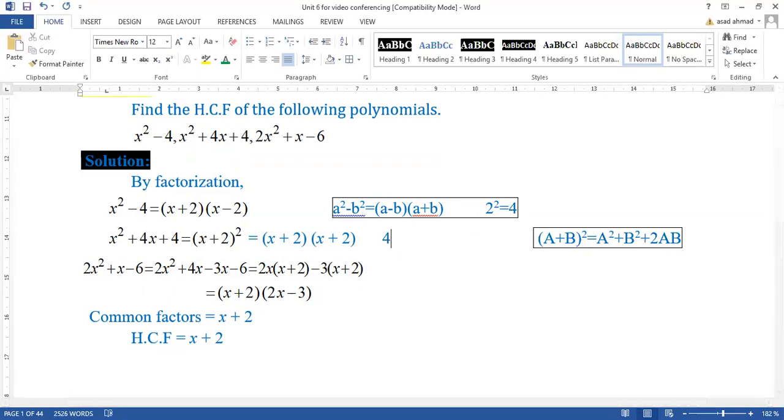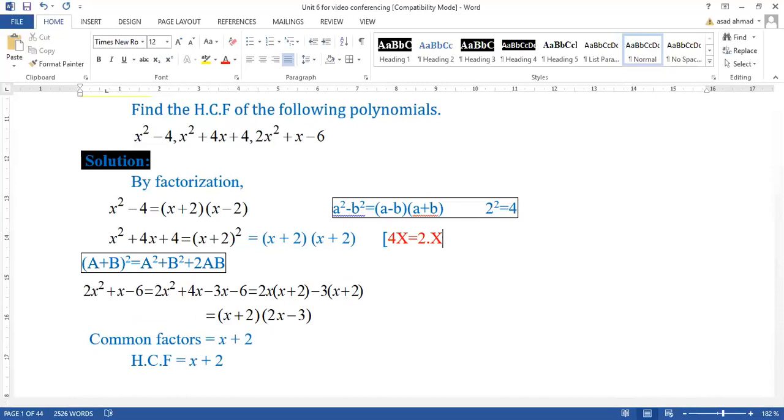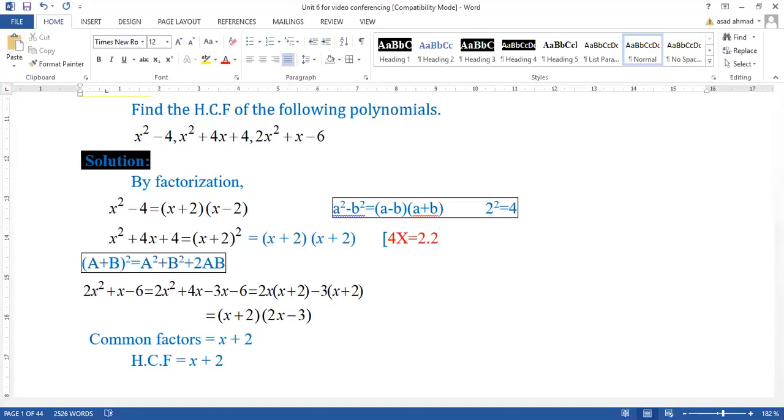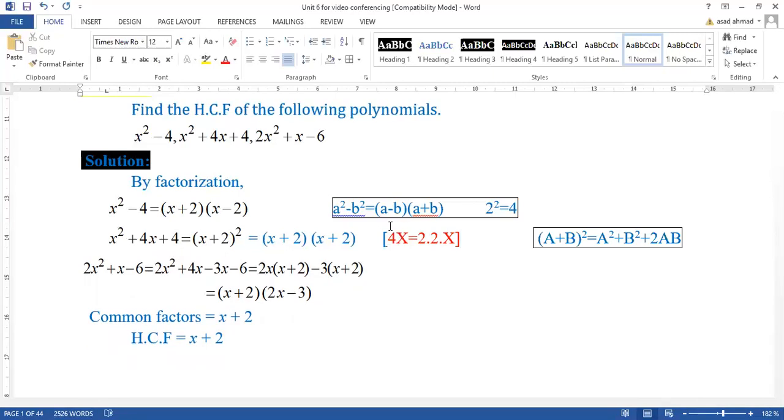Actually, 4x equals 2 times 2 times x. This is just the explanation of 4x, which is broken up as 2 times ab. I am just giving you the explanation of how we have done it.